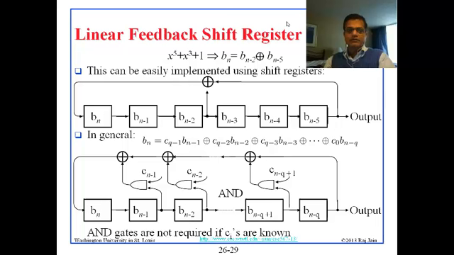So b(n) becomes b(n-1), b(n-1) becomes b(n-2), b(n-2) becomes b(n-3), and so on and so forth. And then they get out from the right. So as shown here, all we have done is we have tapped the b(n-5) output and the b(n-2) output, exclusive OR'd them, and fed the result back to b(n).